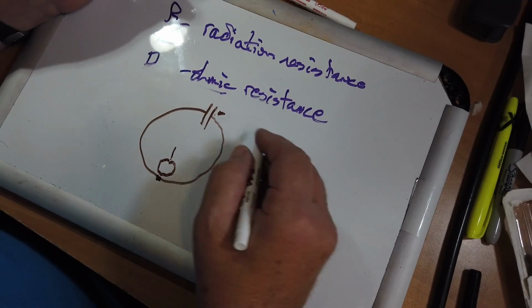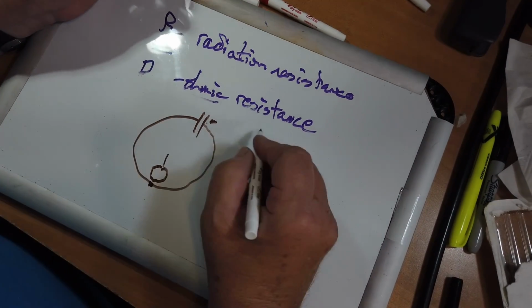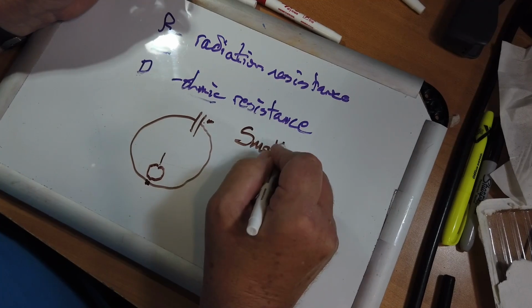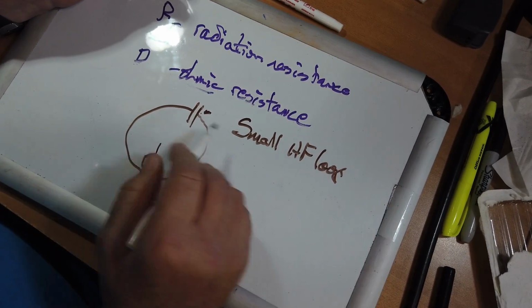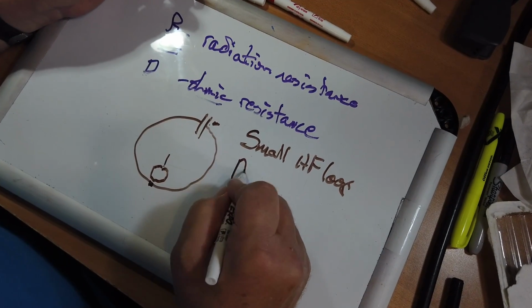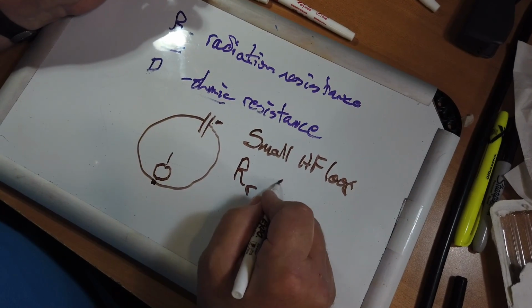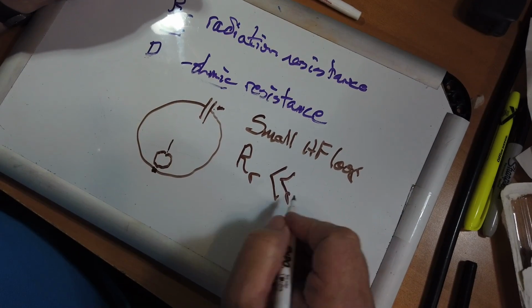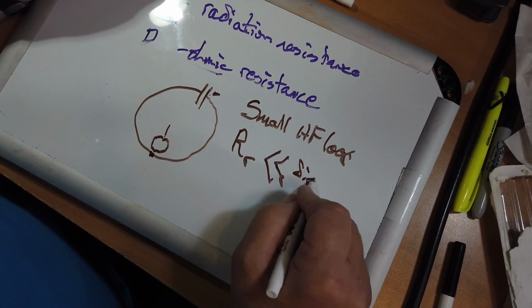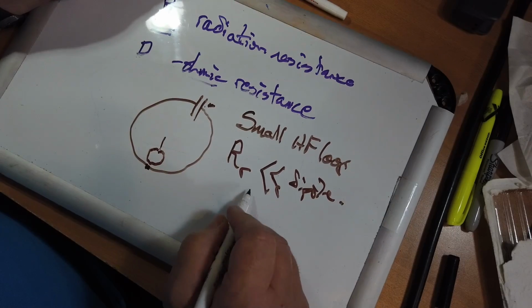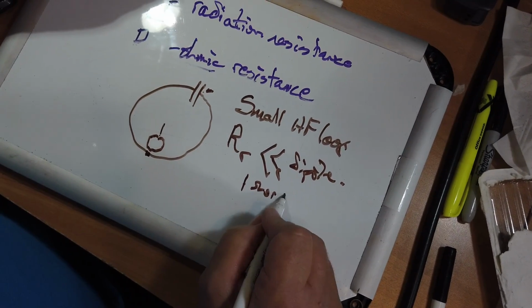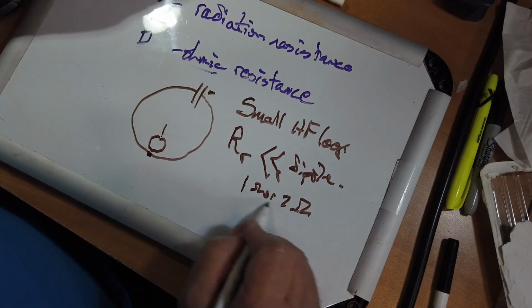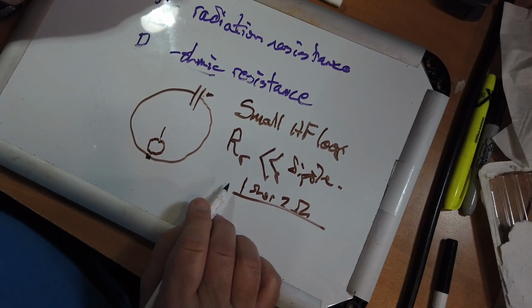Now the problem with a small HF loop is that the radiation resistance is very small. It could be an ohm or 2 ohms max. It could even be less than that.